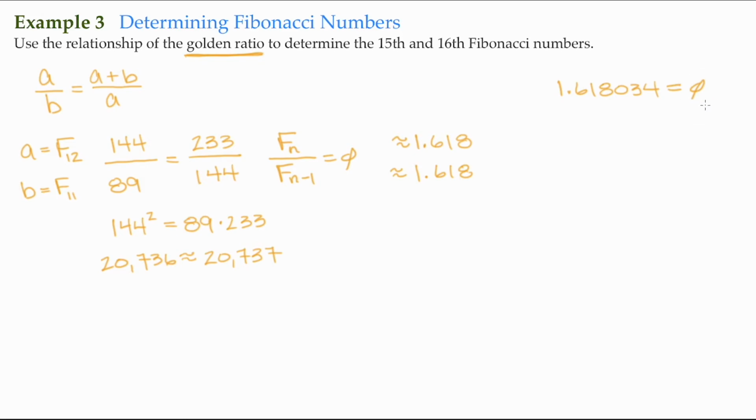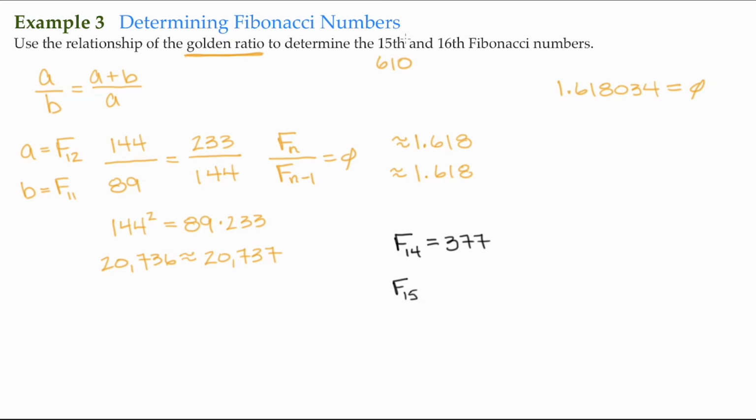So for the 15th Fibonacci number here, we know that the 15th Fibonacci number from the previous example is 610. So if the 14th Fibonacci number is equal to 377, then all I have to do is add the 13th Fibonacci number, which is 233, add that to the 377, and it's going to give us the 15th Fibonacci number, which is 610.